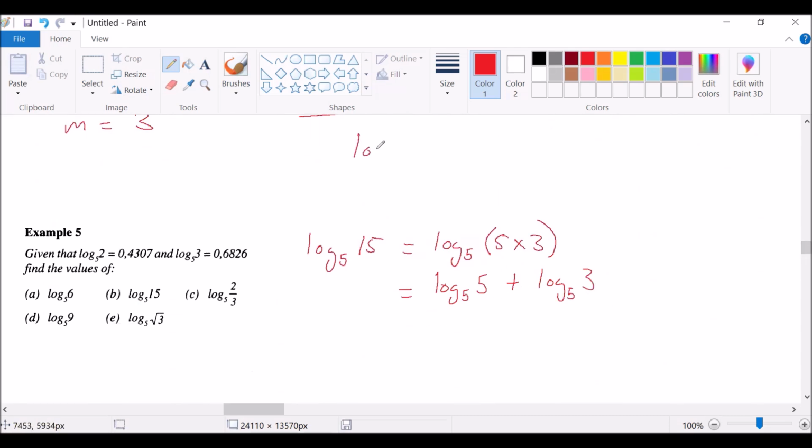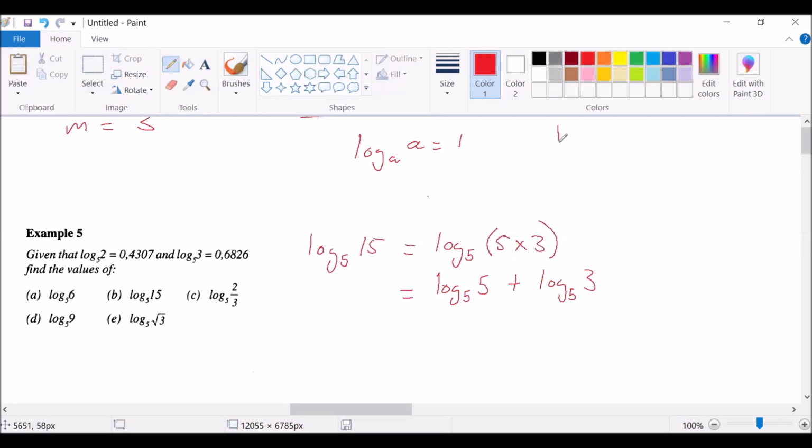Now, log to base A of A is equal to 1, since we have to raise this base to 1 to get A. For example, we say log to base 7 of 7 is equal to 1, which means this base, we raise it to the power 1 to get 7. So log to base A of A is equal to 1.